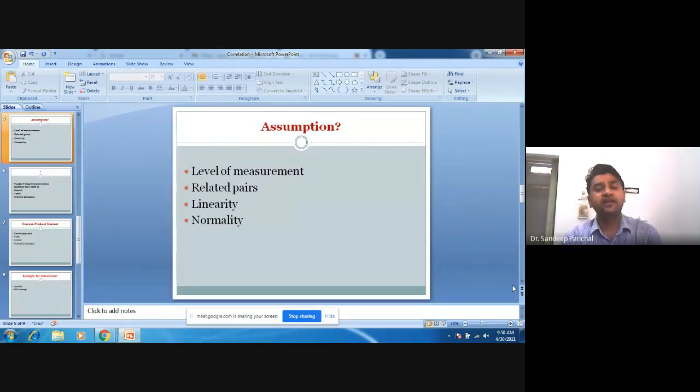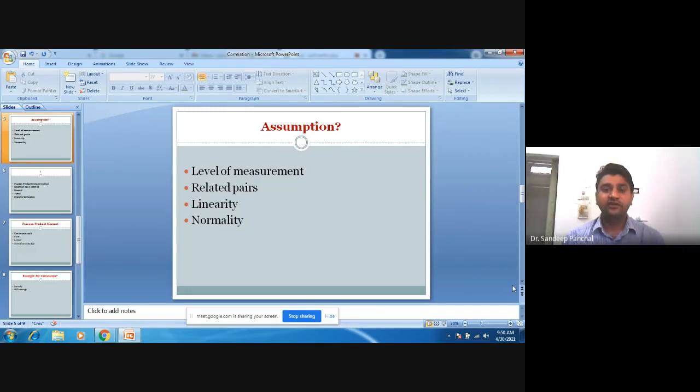Let's discuss the assumptions of correlations. What are the assumptions? Assumptions means we have certain rules, certain requirements while we are performing a correlation analysis. So simply, assumptions means we want to follow certain rules and requirements for that particular analysis.